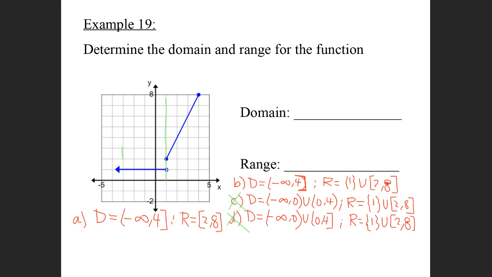It's B. B, yes, you're right. B is correct. Why? For the range, this horizontal line does not intersect the function. The same here, the x-axis does not intersect the curve of f of x.